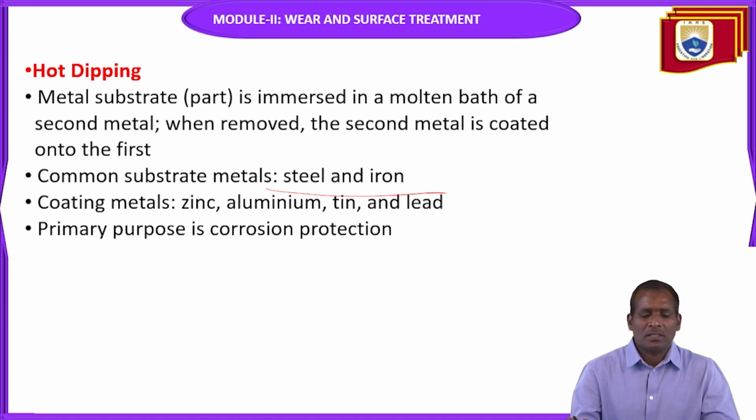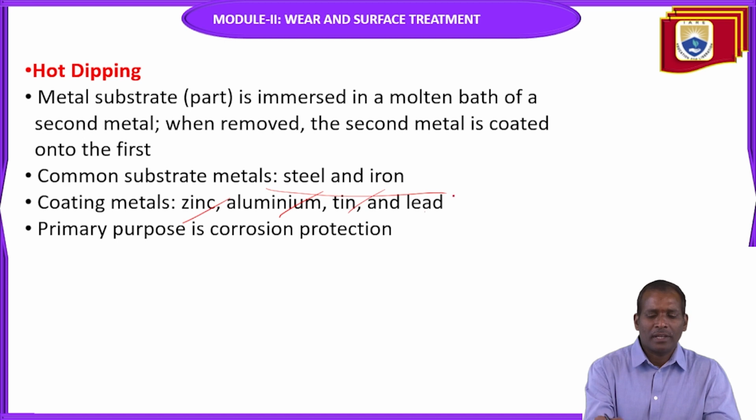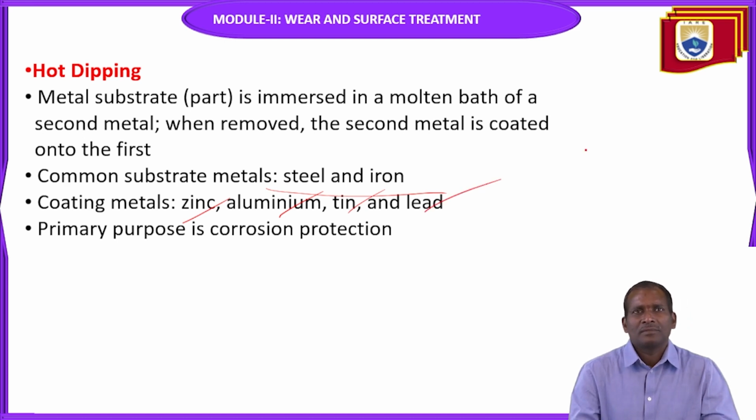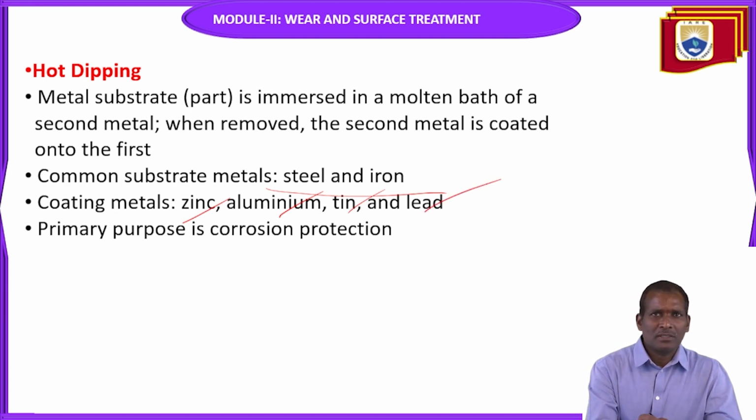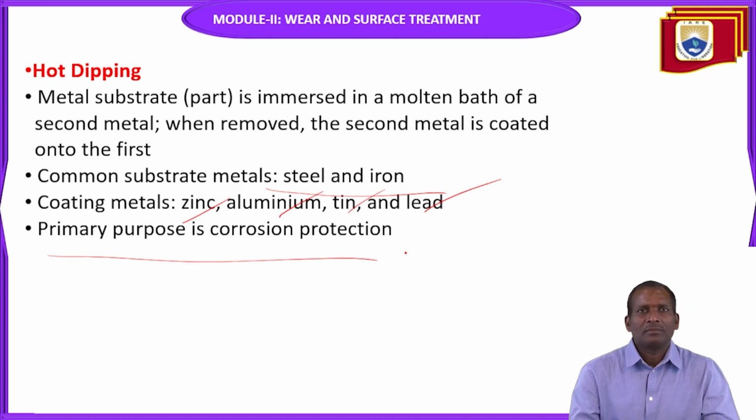The coating metals are zinc, aluminum, tin and lead. The primary purpose is corrosion protection, to avoid corrosion, which is the main purpose of this hot dipping process.